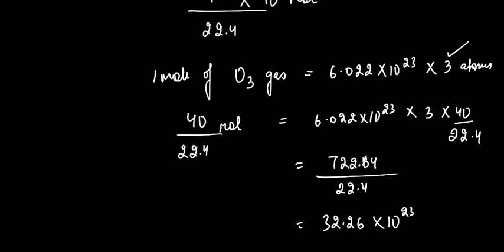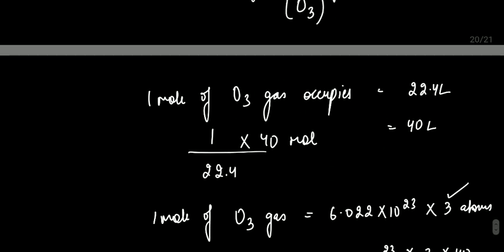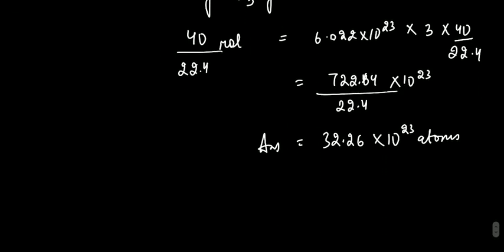So over here also into 10 raised to the power 23, it will remain same. So you can shift the decimal. So it can be 3.226 into 10 raised to the power 22 atoms. So I hope you have understood these concepts, how to put it in the question, how to relate each other.